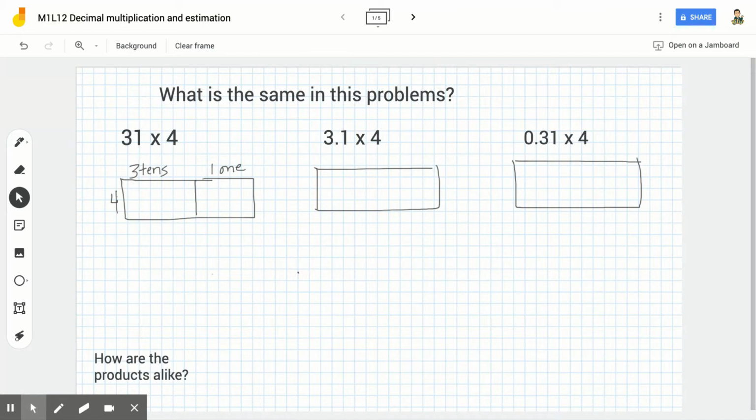The next one would be 3 and 1/10, times 4. The last one would be 3/10 and 1/100, times 4.